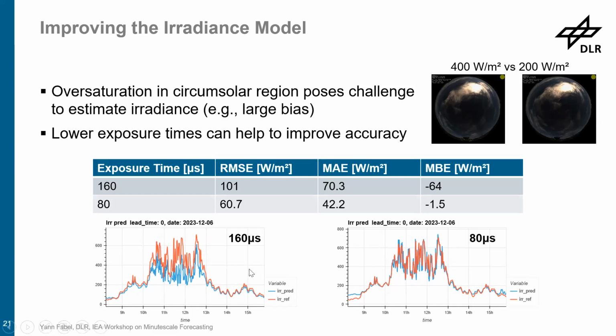How much time do you need in order not to create some kind of ghost effect because of moving clouds? Yes. What you see here in the 80 microseconds plot is that for really low irradiance values, the images are really dark, and there you have quite a deviation between the predicted and the reference curve.